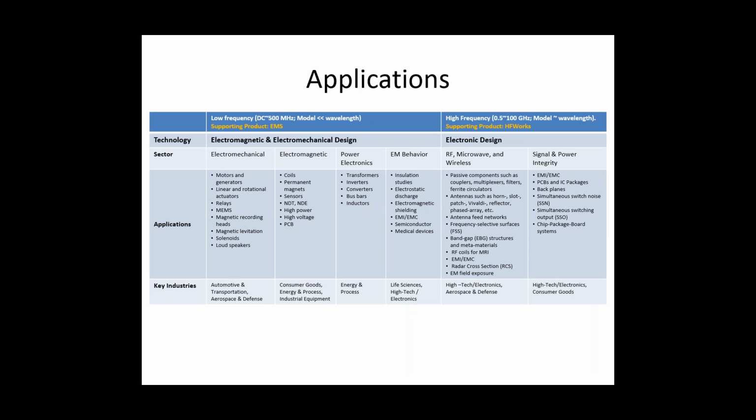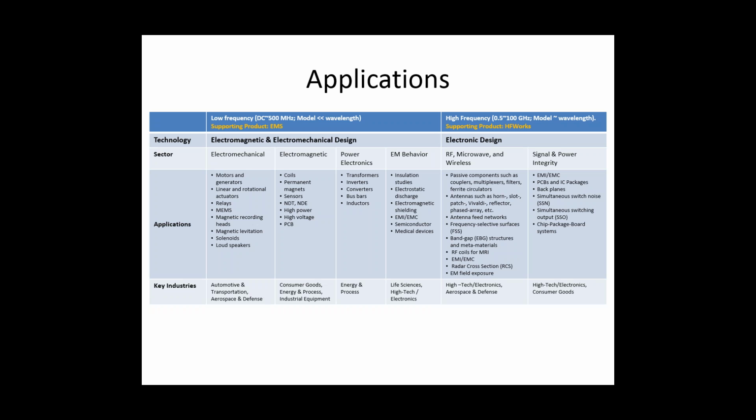As far as some of our applications go, towards your left you see that mainly we focus on electromagnetic and electromechanical design for our EMS products. Basically, if you have any excitation that ranges from DC, AC, pulse, at frequencies ranging from say 50-60 Hertz all the way to a few hundred megahertz, we will be able to support and do those kinds of problems.